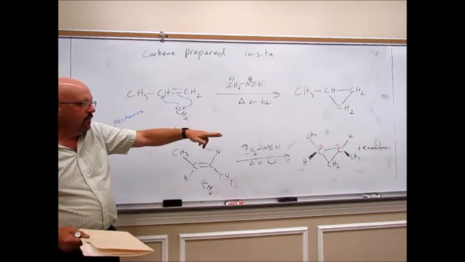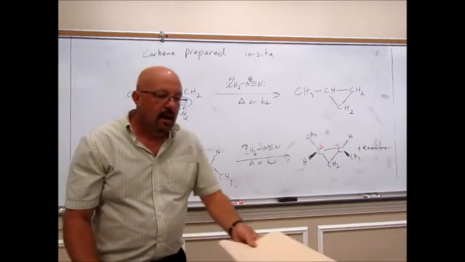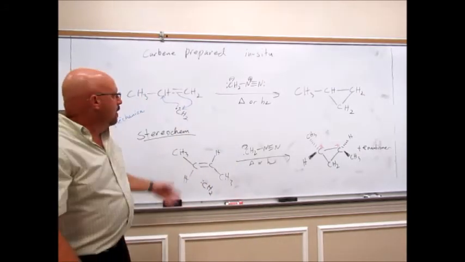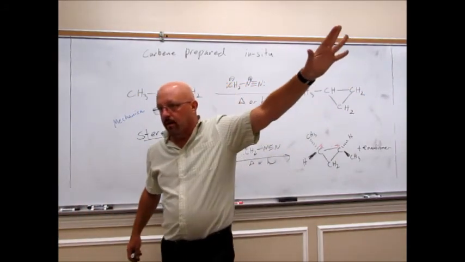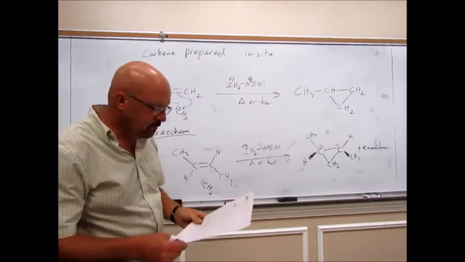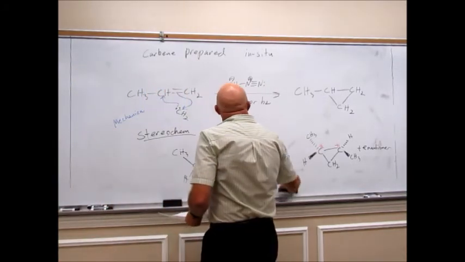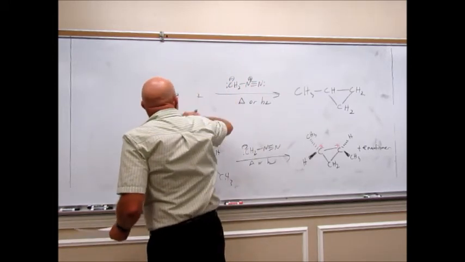You get a pair, you get a racemic mixture, you'll get a 50-50 mixture of the two enantiomers if we have stereochemistry. Previous example, there is no stereochemistry, so that's my only product. We don't have a chiral center. Questions on that?